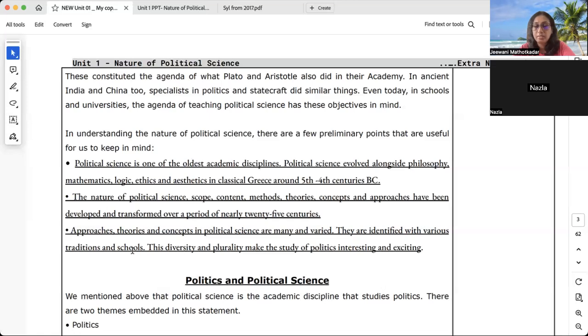This diversity and plurality make the study of politics interesting and exciting.